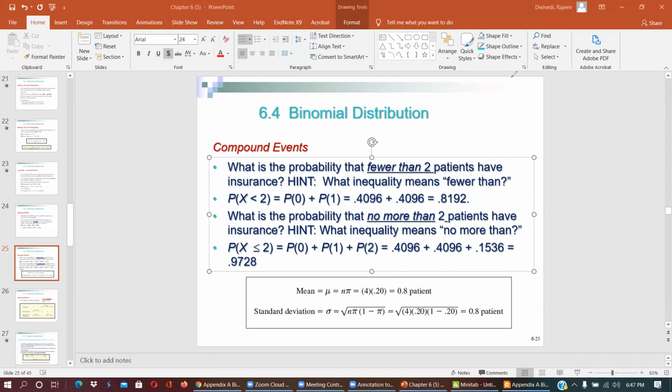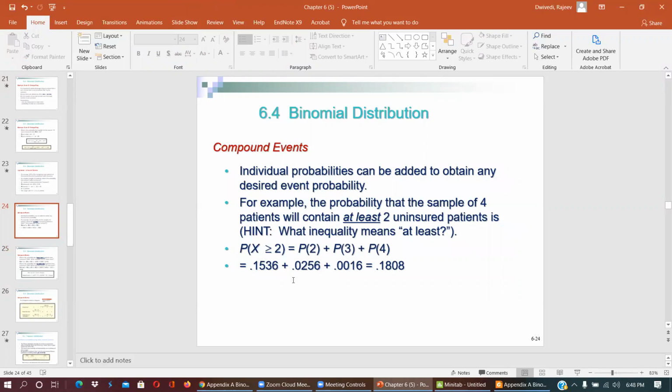So in compound event probability, whenever it is asked more than some value, we always subtract from 1. If it is asked up to that, we don't subtract. So in this case, we are not going to subtract. But in the other case, for example, we are going to subtract.